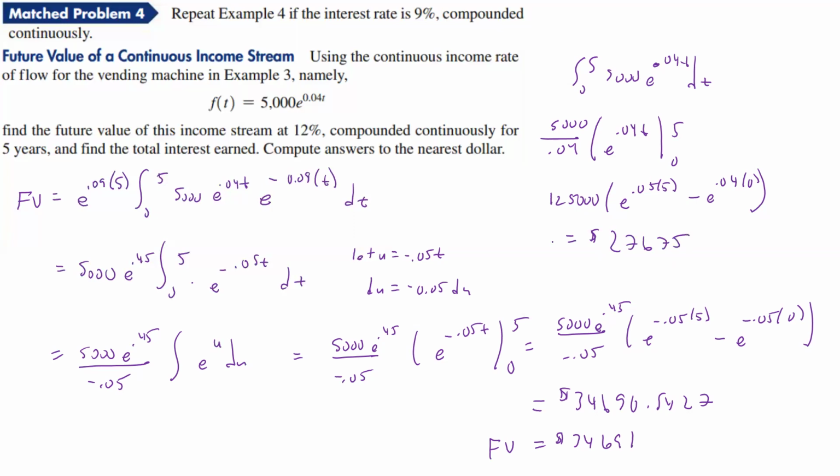And we get 27,675. So that's basically how much it gets us with all the interest straight from here. Now, if we take this number off of this number, our interest is going to be 34,691 minus 27,675, and that gives us 7,016.